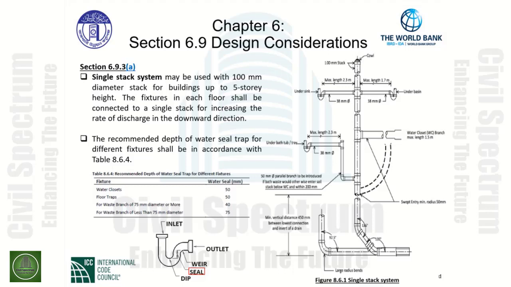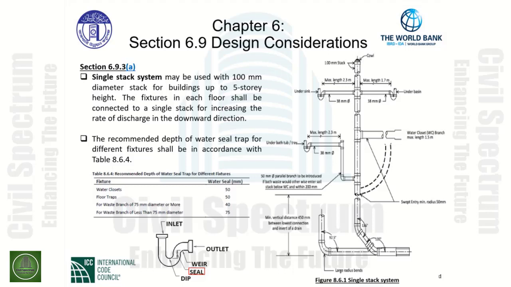The fixtures in each floor shall be connected to a single stack for increasing the rate of discharge in the downward direction. So right here is the requirement and limitation for this particular type of piping system. This system is allowed for up to 5-story height, and it may be used with a 100 millimeter diameter stack.